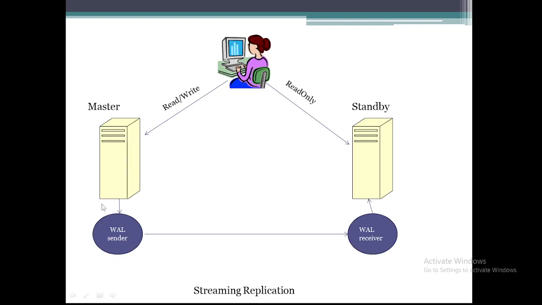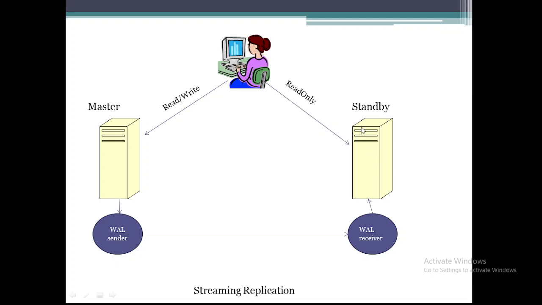Then the WAL sender on the master server sends WAL records to the standby server, and on the standby server there is a WAL receiver process which receives the WAL files from the WAL sender. Then the WAL receiver applies those to the standby server. This is how it works.